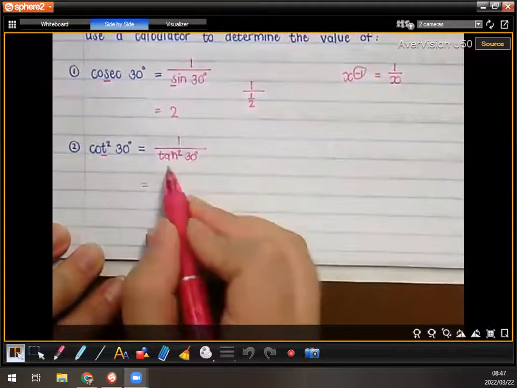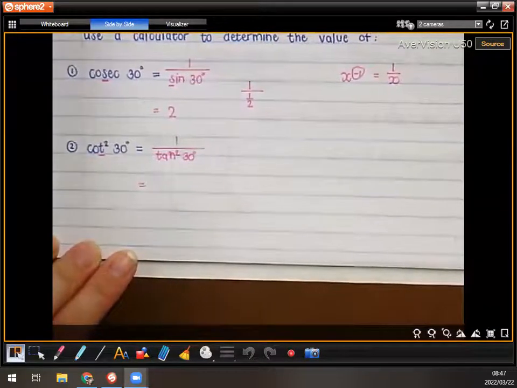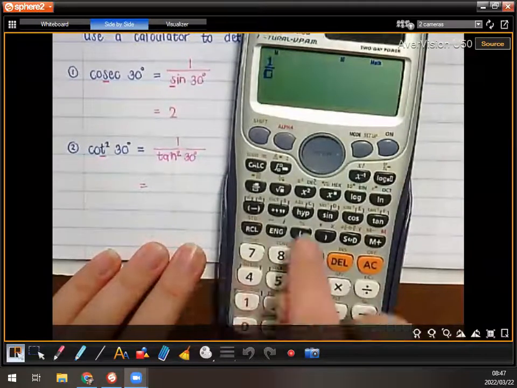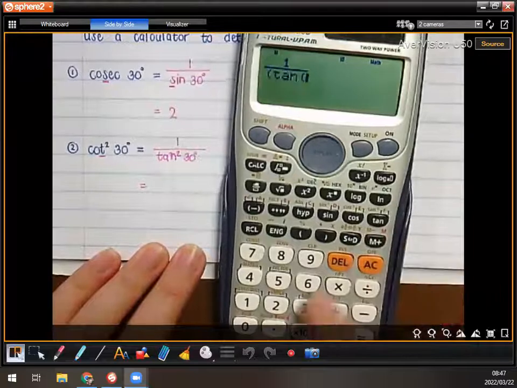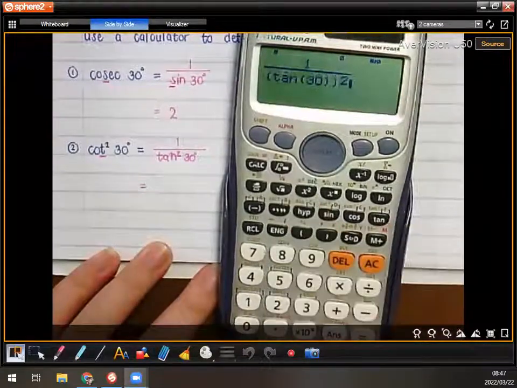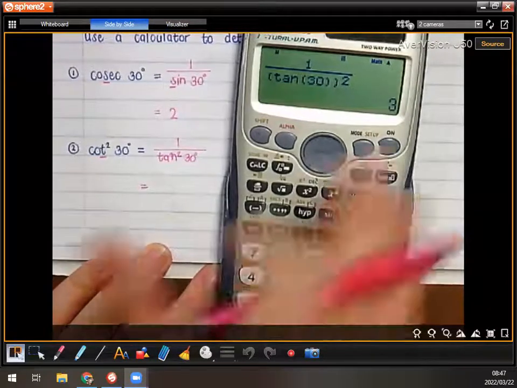And we remember when we're typing tan squared, we need to type tan 30 in brackets squared. Okay, so make sure that you're doing that correctly. So we're doing 1 over bracket tan 30, close bracket twice, and then squared, and then we get an answer of 3.